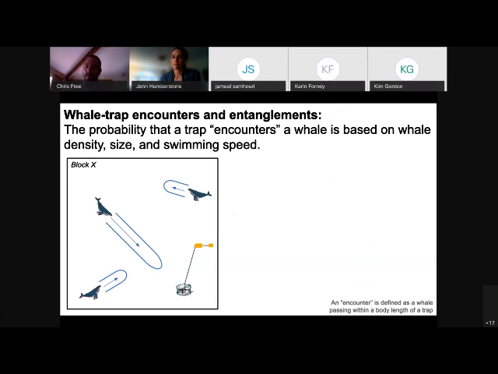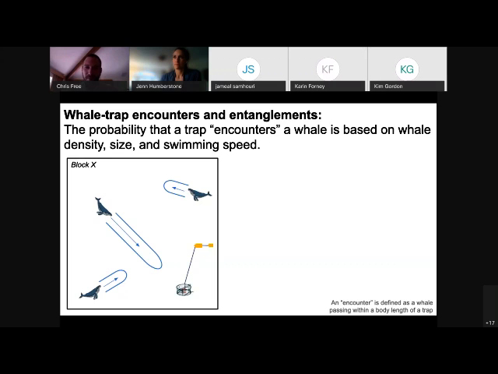And then from this, we need some way of being able to calculate, as we've been talking about, the co-occurrence of the fishing fleet with the whales. And we do this in a slightly different way from the other presentations so far, where we actually estimate the likelihood that a trap will encounter a whale. And we define an encounter as a whale passing within 1 body length of a trap.